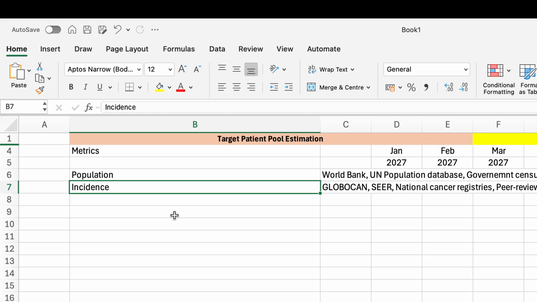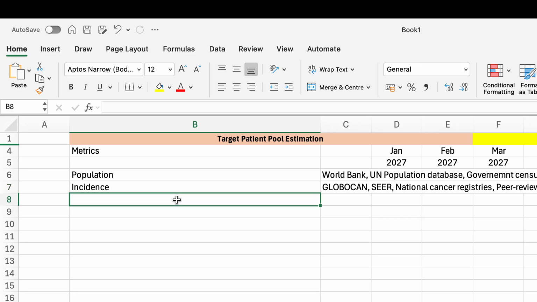If we have to forecast for a specific brand that is still in phase 3, then you already know from my previous video that incident population is population into incidence rate. Then third, now every patient gets diagnosed, right? So we will be putting diagnosis rate.